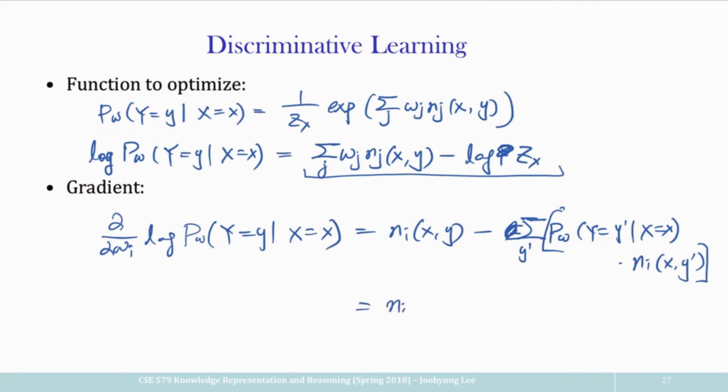And if we write one more step, this is the same as the expected value of Y prime, the number of the ground formulas that are true from the ith formula.